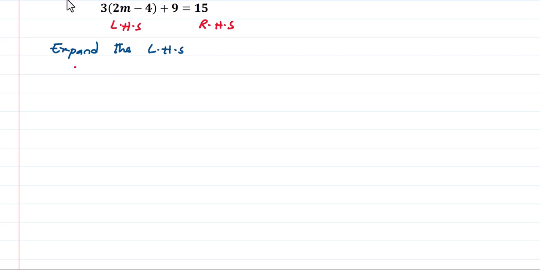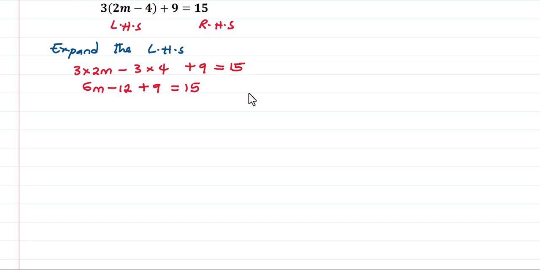Doing that, we have 3 multiplied by 2m minus 3 multiplied by 4. Then outside we have plus 9, equal to 15. At this very point, 3 multiplied by 2m gives us 6m, and then 3 multiplied by 4 is 12. So we have a negative 12 plus 9 is equal to 15.